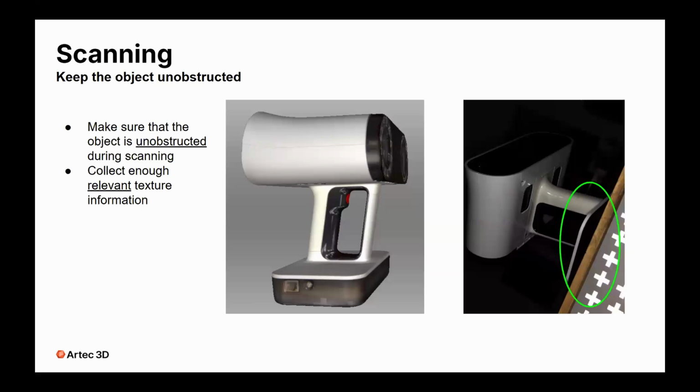Next, really important advice about the trajectory, which kind of intersects with the previous one, is keeping the object unobstructed during scanning. So take a look at those two images on the slide. As you could see right here on the right image, it's one of the texture frames that we had in this project. And on the left, you could see the fusion with the artifact of the table obstructing the view.